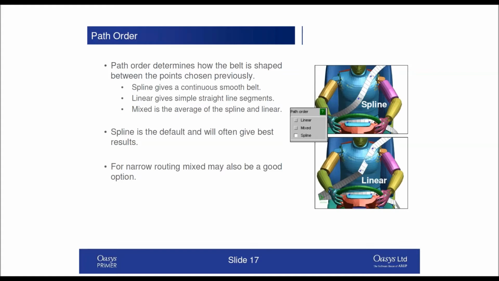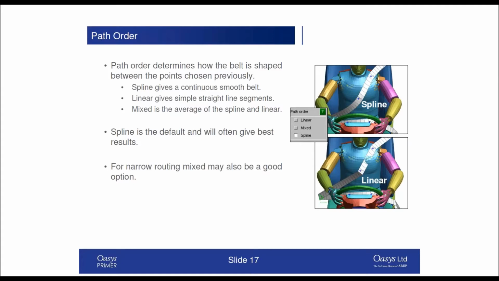And what path order is, we discussed it last time as well, and it's the shape the belt takes between the points. So spline gives a nice continuous smooth belt. Linear gives a simple straight line segment, so those are the two pictures we've got there, and mixed is an average of the two.